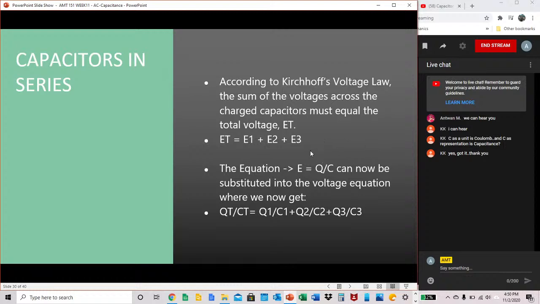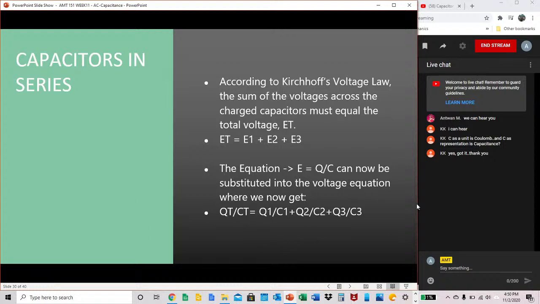The equation E equals Q over C, remember we have our voltage equals charge over our capacitance, can now be substituted into the voltage equation, where we now get, and here is that equation. So we're doing just like we used Ohm's law when we were talking about DC circuits and resistance. It's the same exact thing in AC circuits.